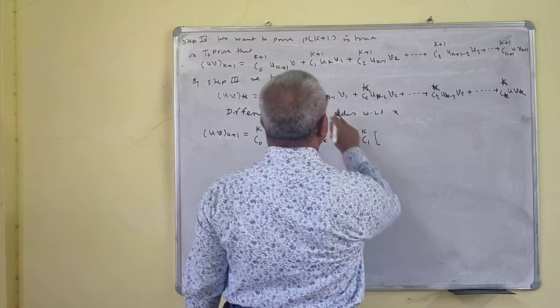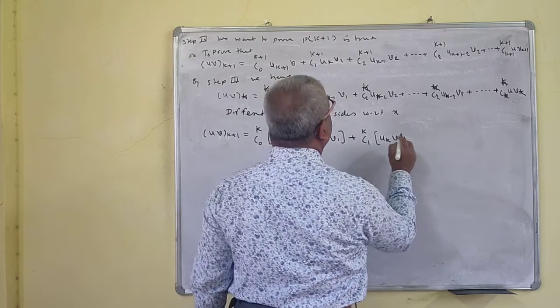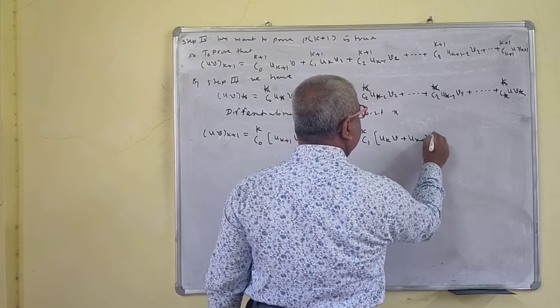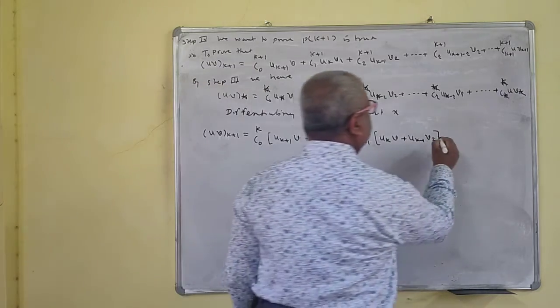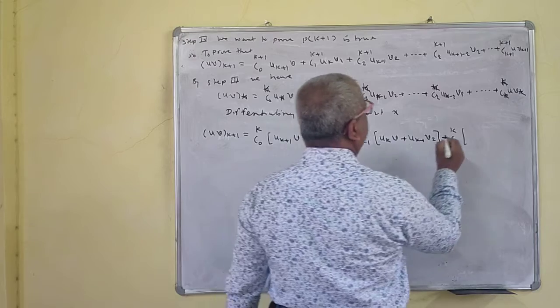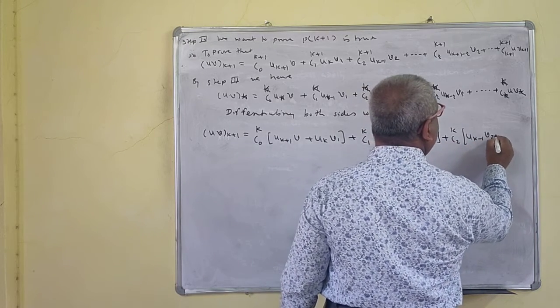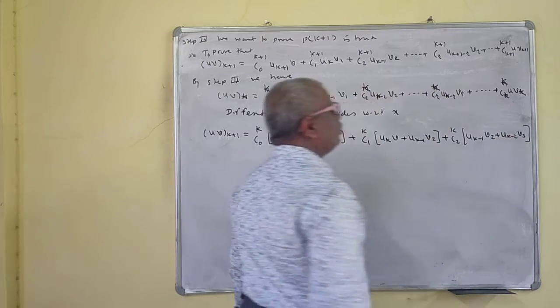Now derivative of this will be what then? uk, v as it is. Then uk minus 1 v2, plus kc2, uk minus 1 v2 plus uk minus 2 v3.